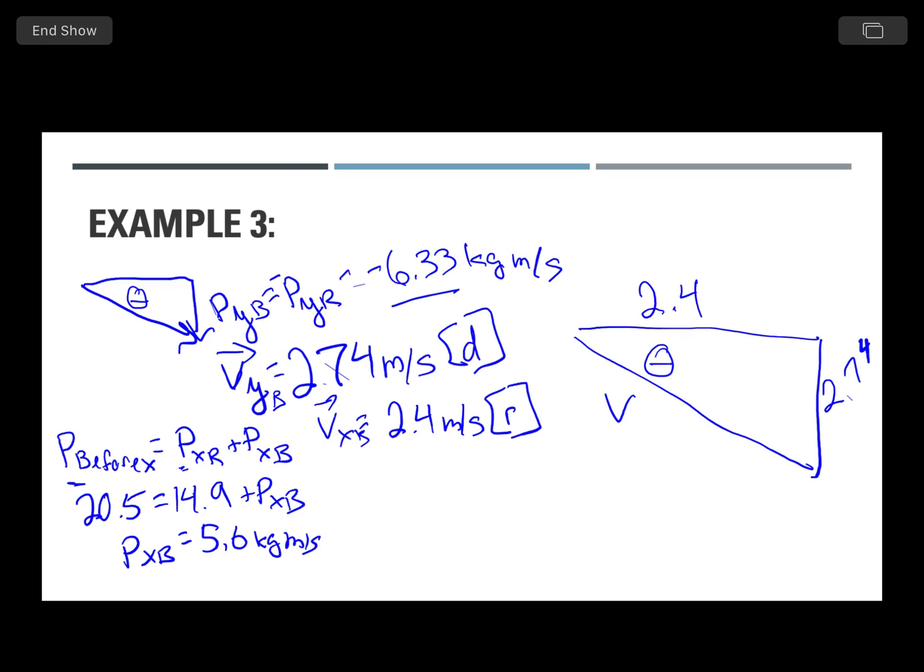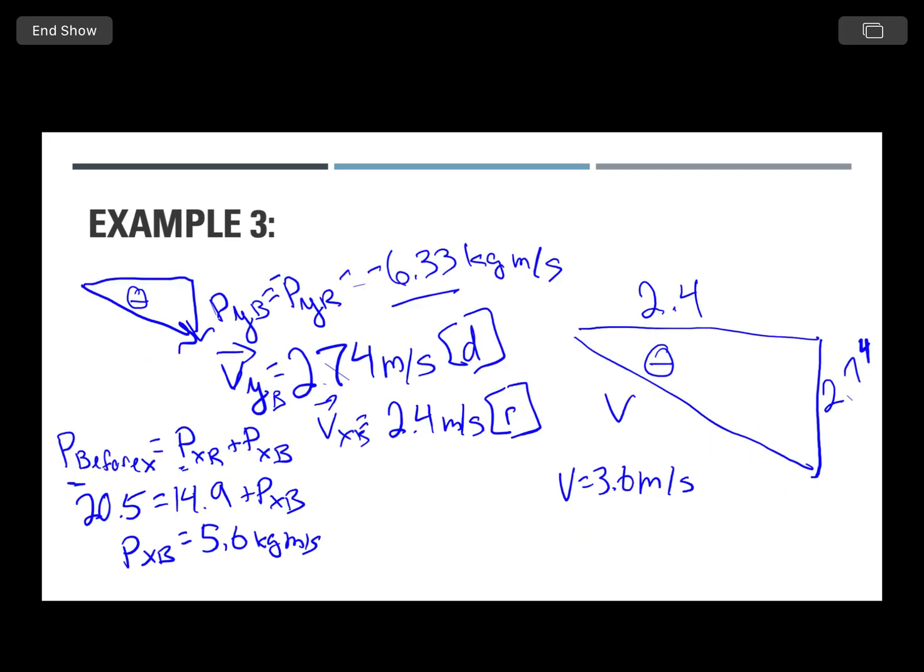Cool. A little Pythagorean theorem action here, and I should get a speed of 3.6 meters per second.